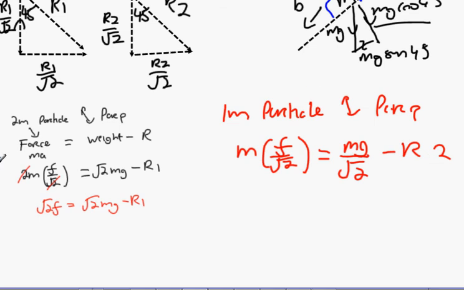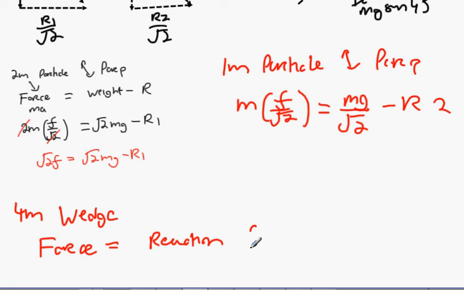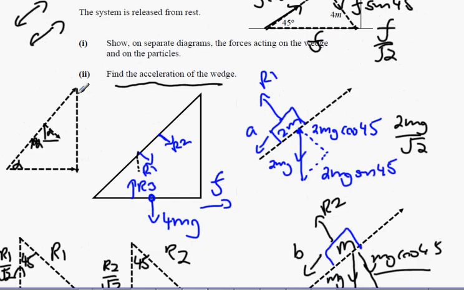Okay? The next thing we're going to do, perpendicular, it's the wedge, going parallel. So we're going to do the 4m wedge. Remember the word wedge. Wedge means it can actually move. So what we're going to do is find out what the wedge is, okay? So the wedge is force. Its force is driven by the reaction forces. The only reason it's moving is it has weights on its surface, and the weights are interacting via R2 and R1.